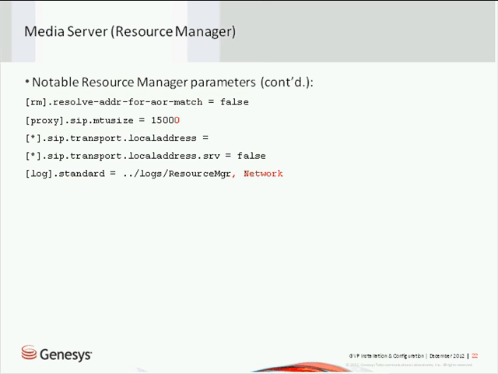The proxy SIP MTU size: for the most part, we will be using UDP packets for sending SIP messages. However, if the message size goes over 1,500 bytes, technically 1300 because we go by an offset of 200 from the actual configured value, UDP will split up packets that are larger than that.